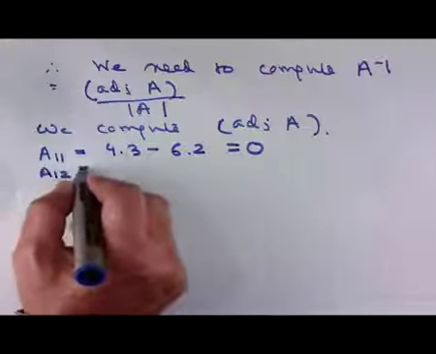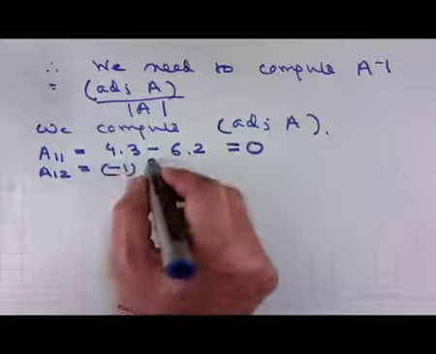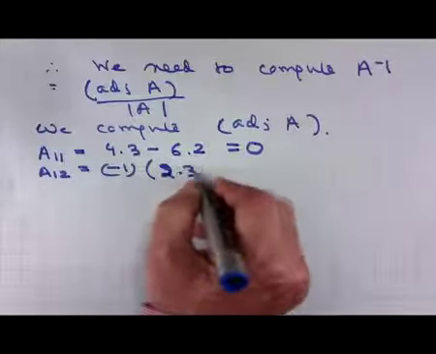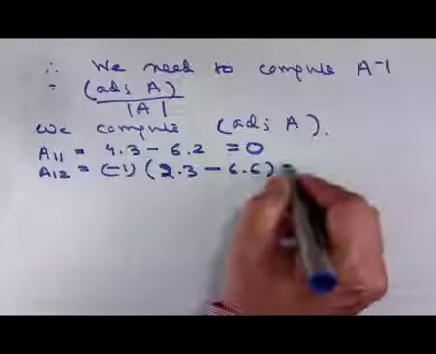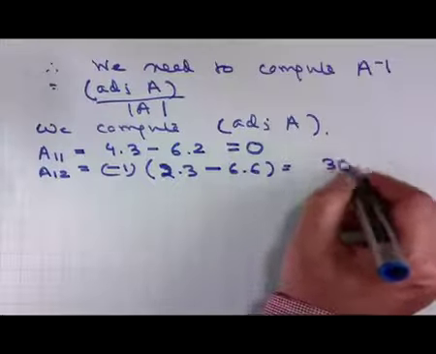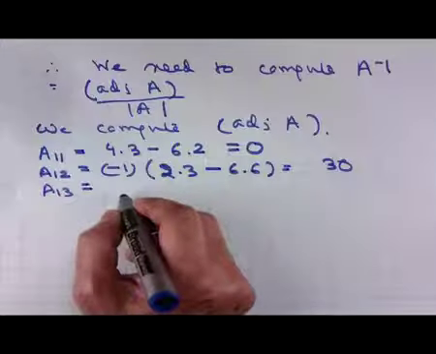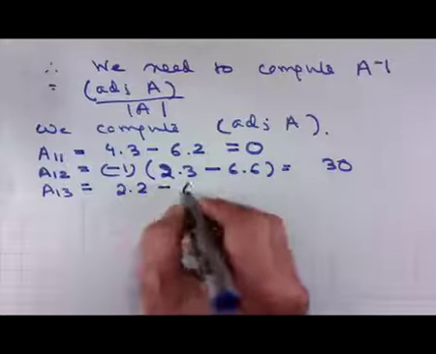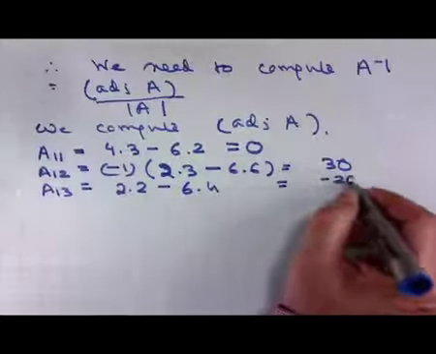A12 is equal to minus 1 into (2 into 3 minus 6 into 6), which is 30. A13 is equal to 2 into 2 minus 6 into 4, which is minus 20.